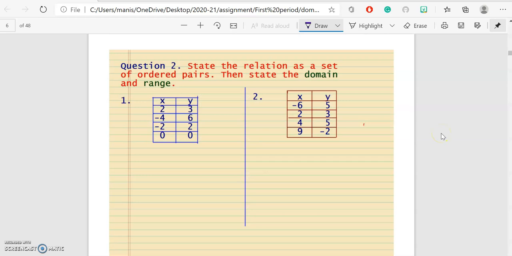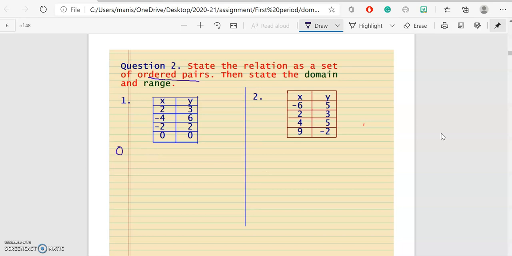Question number 2 says state the relation as a set of ordered pairs, then state the domain and range. So as you all can see, this says set of ordered pairs. So when I'm writing as an ordered pair, it will be 2, 3. Let me erase this. Let me start from the beginning.